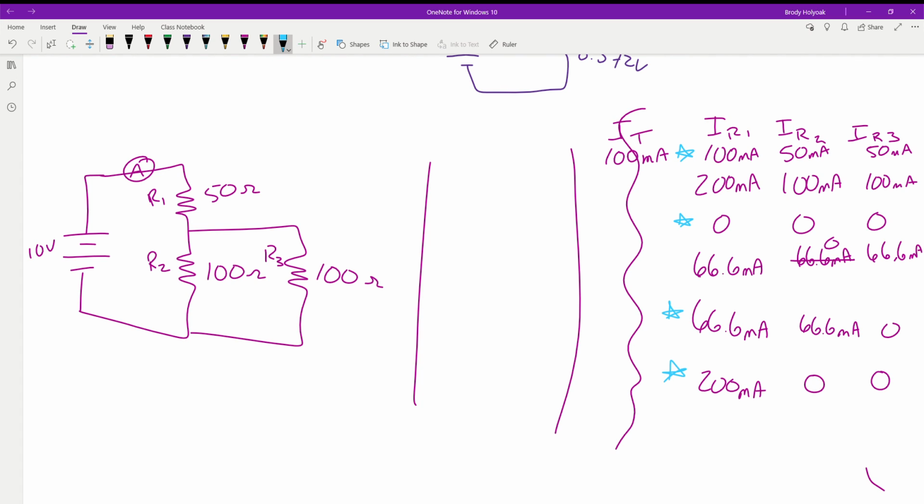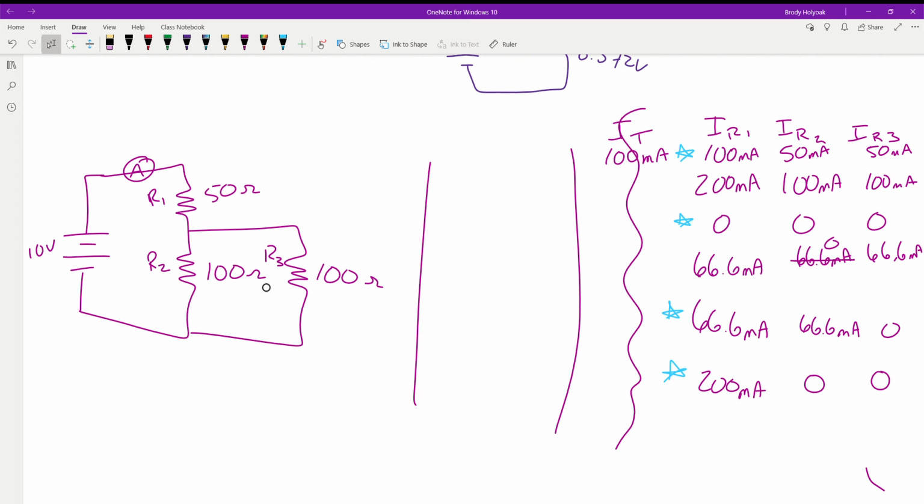If we're reading 0 current through everything, what possible conditions could we have? Because we can only choose one option. R1 is open. There is no current flow whatsoever in the circuit. Because again, if one of the others is open, we're still going to see some resistance, and that's going to change from our normal.